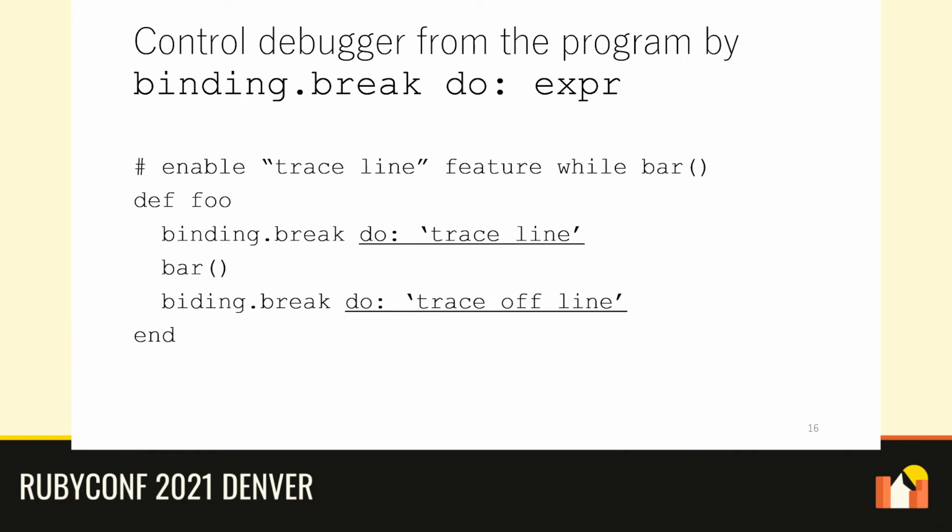You can see the trace information only for the foo method execution. In general, a debugger target program cannot communicate with the underlying debugger. This feature achieves it, and you can use the debugger's features in your application.